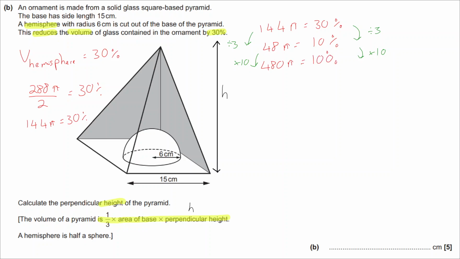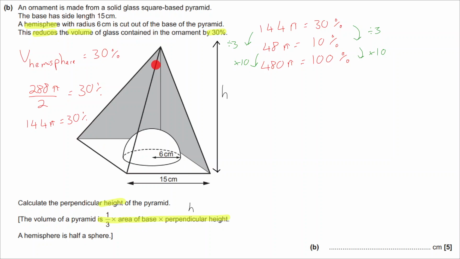So you now know that 100% of the volume is the volume of the square base pyramid.